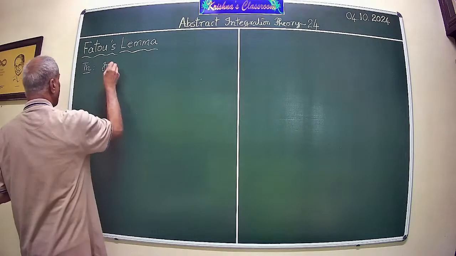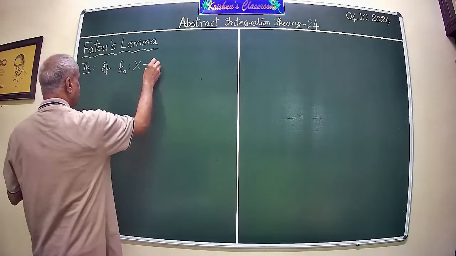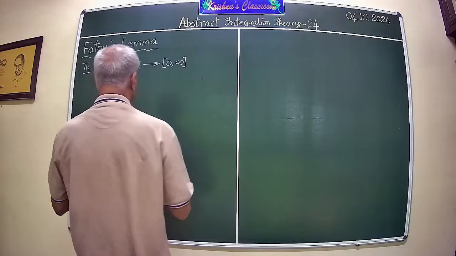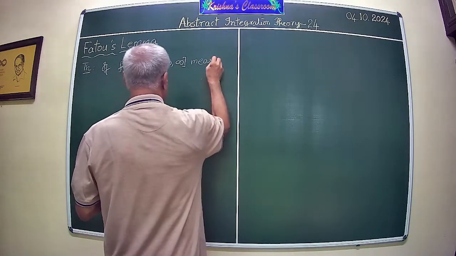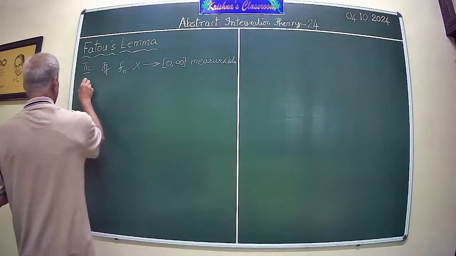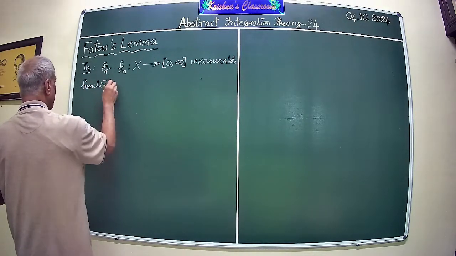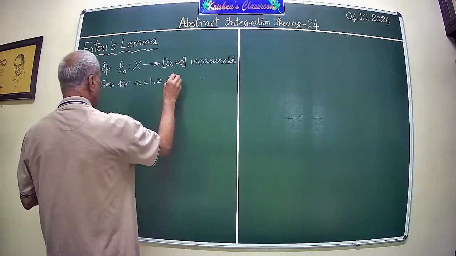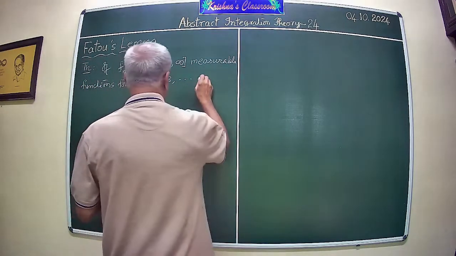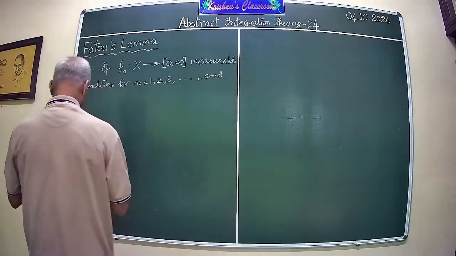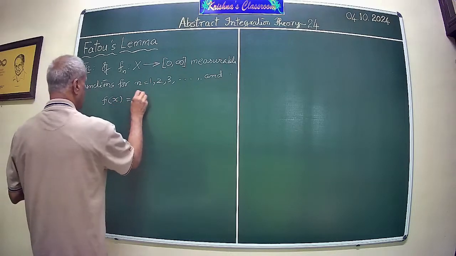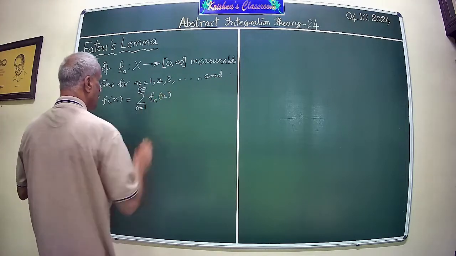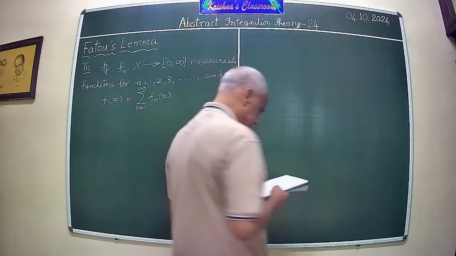If Fn is an extended real valued non-negative measurable function for each n, and remember, this could be at some x equal to plus infinity also.